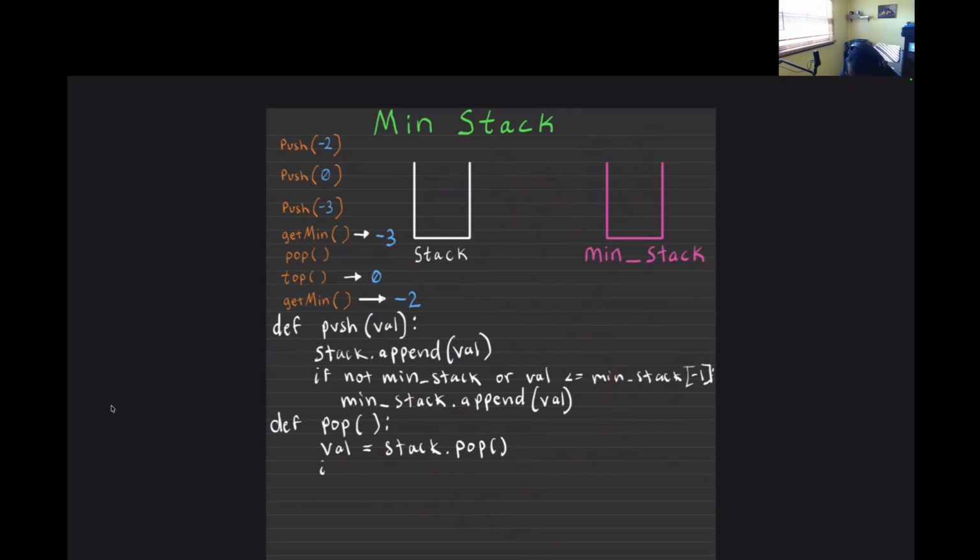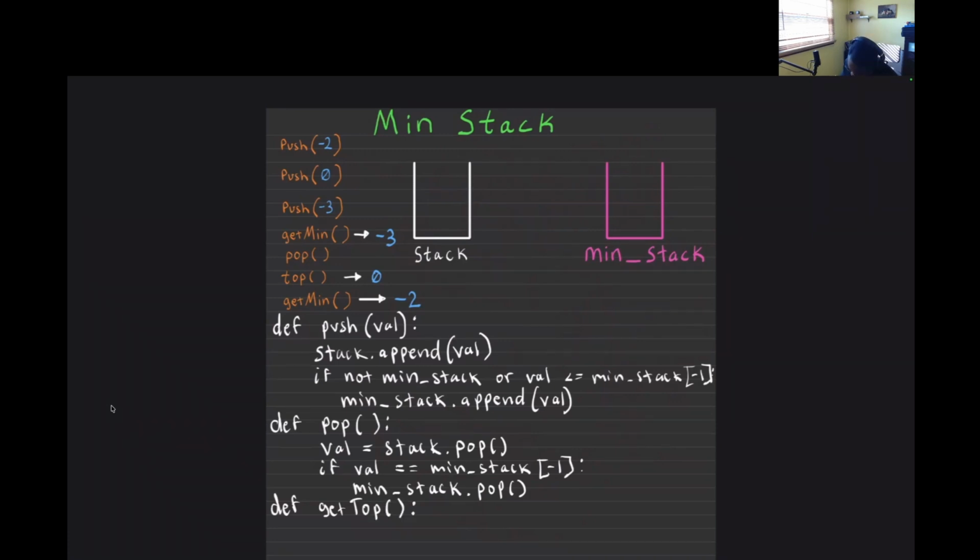So we say if val is equal to the min stack most recent value, then we also want to pop from our min stack. So far so good. And now we have two more methods remaining. So getTop.